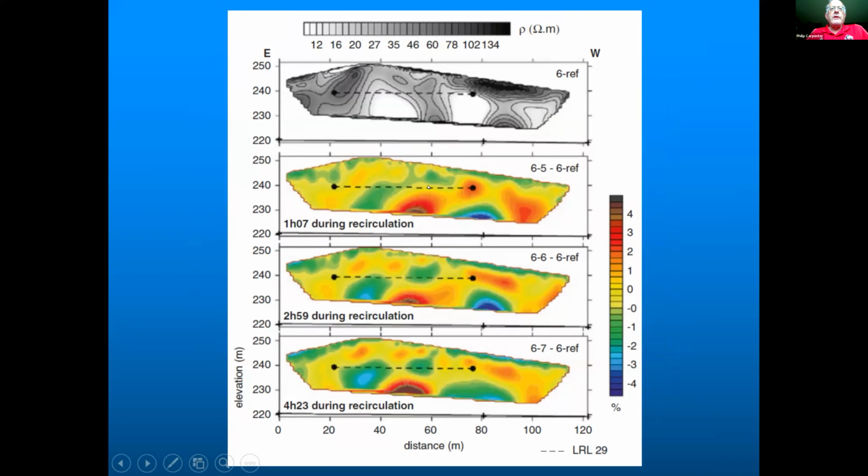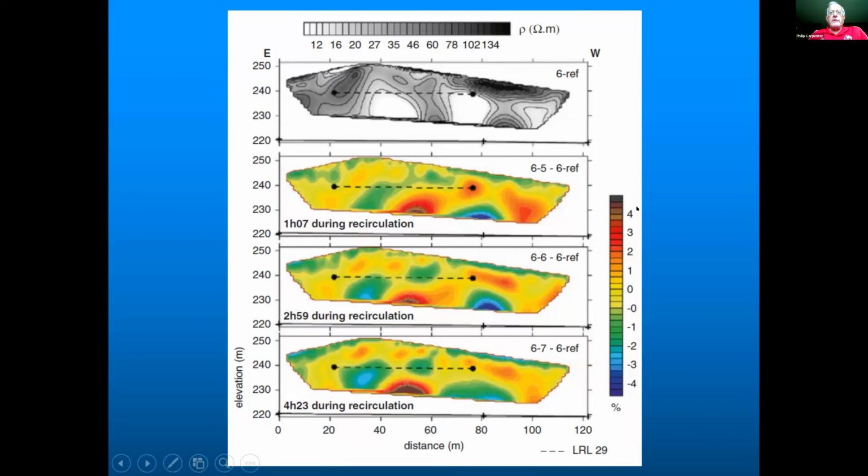So you can see here, this is the original data. So 1 hour, 7 seconds, 7 minutes after recirculation, you start to see some changes. What you're really looking for here are changes in resistivity.